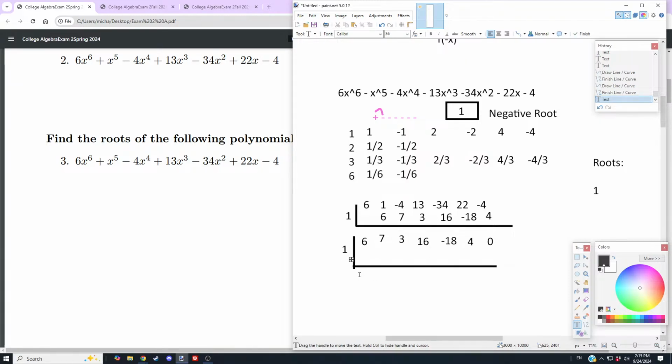Bring down the 6. 6 times 1 is 6. 7 plus 6 is 13. 13 times 1 is 13. 13 plus 3 is 16.